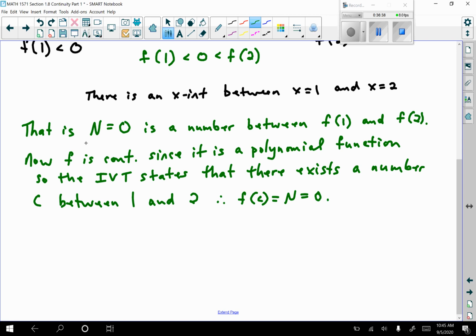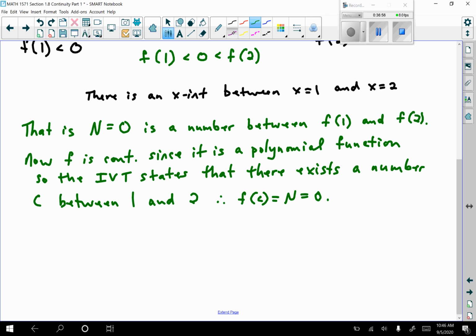So again, it says that n equals 0 is a number between f of 1 and f of 2. Now since f is continuous because it is a polynomial function, by that intermediate value theorem there exists a number c between 1 and 2 such that f of c is going to equal 0.